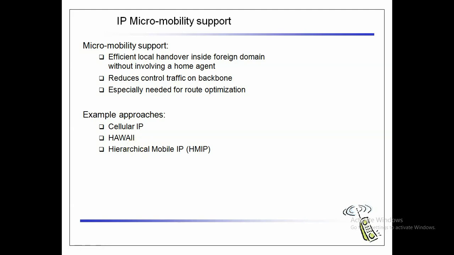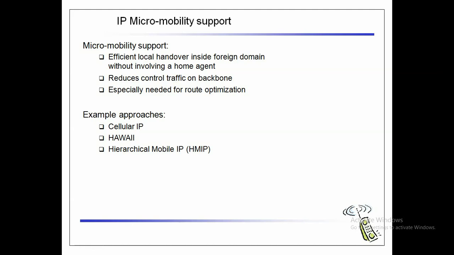It tries to keep micro mobility support as transparent as possible for both the home agent as well as the mobile node. Its goals are performance and reliability improvement and support for quality of service mechanisms.